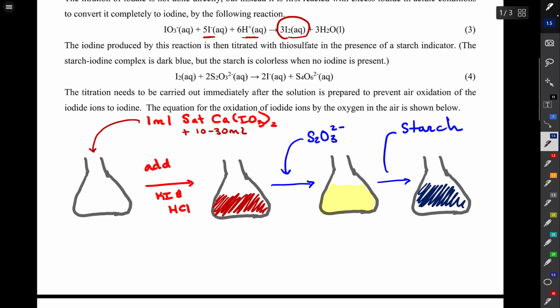And then you'll continue to titrate it. Now, when you're at this light yellow color, let's talk a little bit about what that actually means. When you get this light yellow color, this means the titration is almost complete.